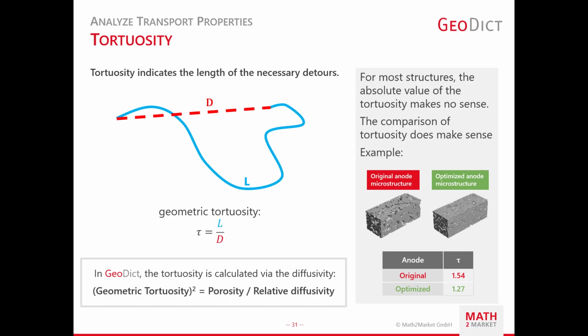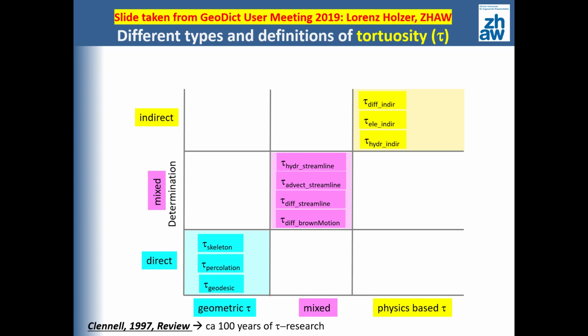So this is not the only way of defining a tortuosity or the only possibility. There are actually a lot of possibilities of defining tortuosities and defining how to calculate tortuosity. This is a slide I have taken from a user meeting talk given by Lorenz Holzer from the ZHAW, that's the Zurich Institute of Applied Sciences.